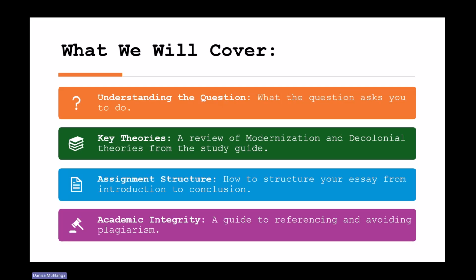So you must check what your assignment question is. But for today's session, since our assignment topic is to provide an explanation of modernization theory and decolonial theory and the context in which they emerged, we'll also cover the theories. So a review of modernization and decolonial theories from the study guide.